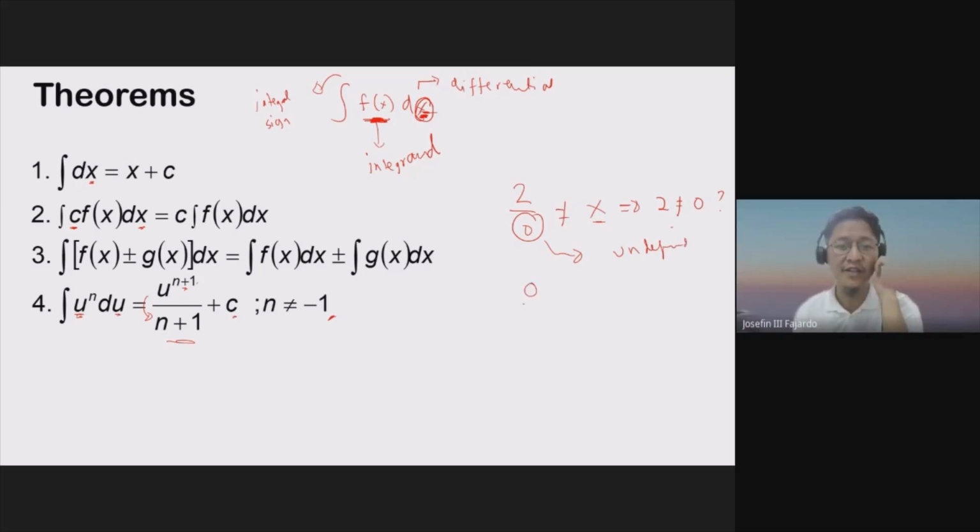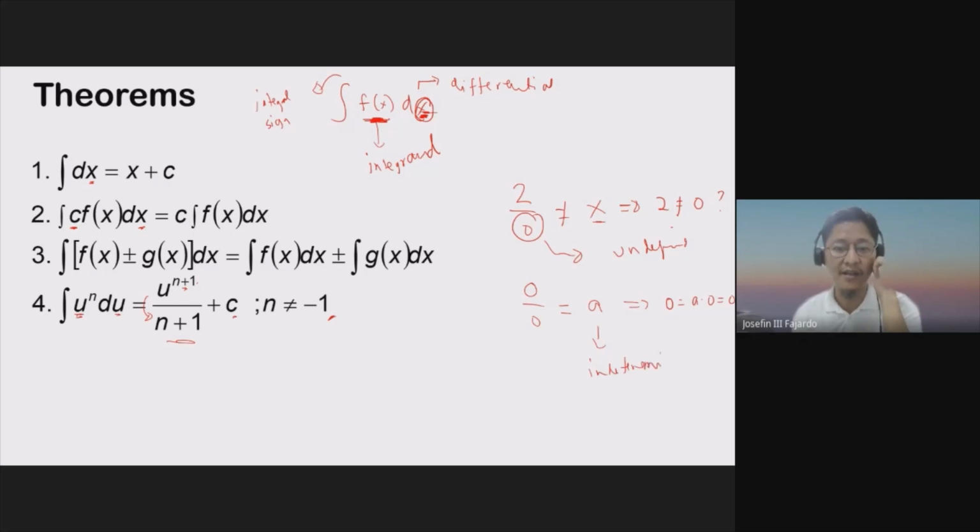Now, if we have 0 over 0 naman, tanong, pwede ba siyang maging isang number na a? Okay, actually, it will be true. Kasi when we multiply both sides by 0, 0 will be equal to a times 0, which will turn out to be 0. So, itatawag siyang indeterminate.